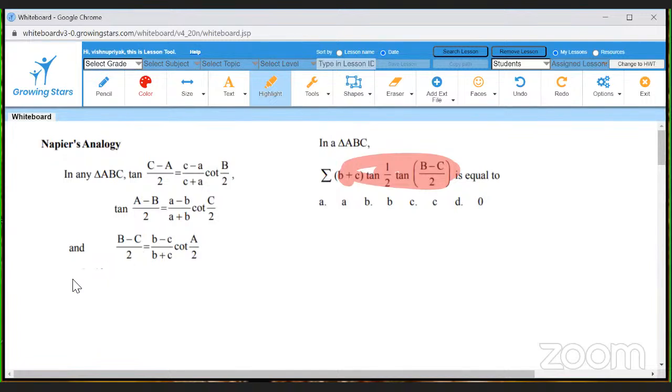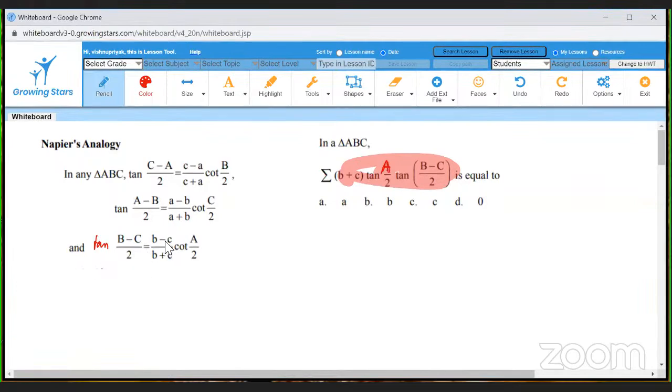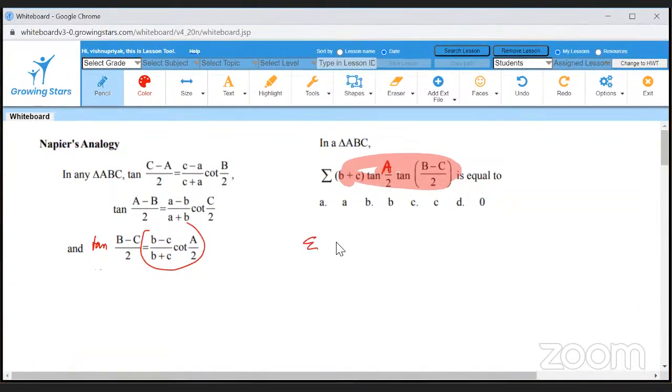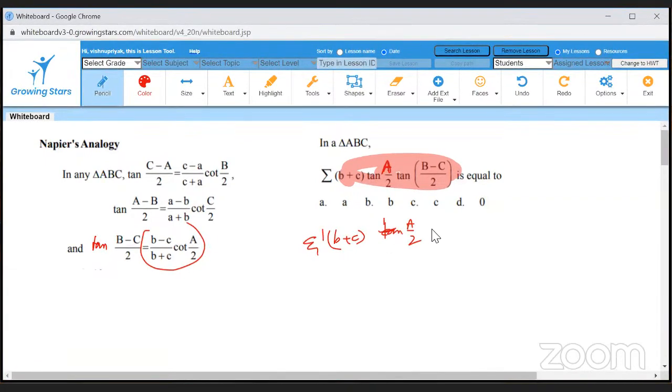But according to the formula, if you take tan (B minus C) by 2, it is this. So write (B plus C) into tan A by 2.